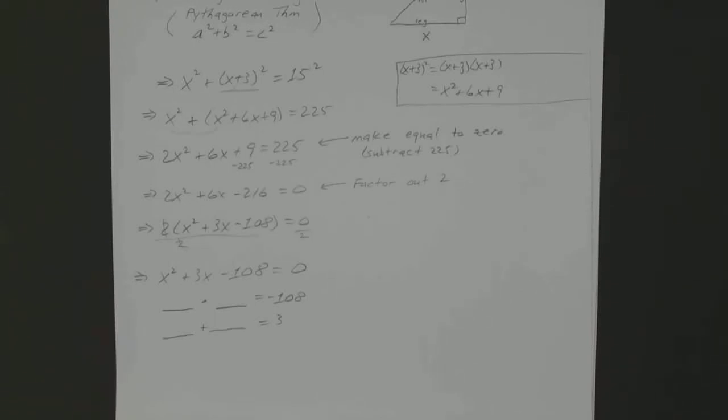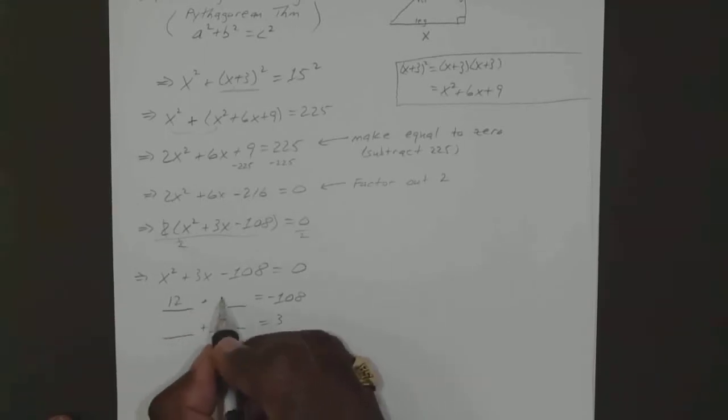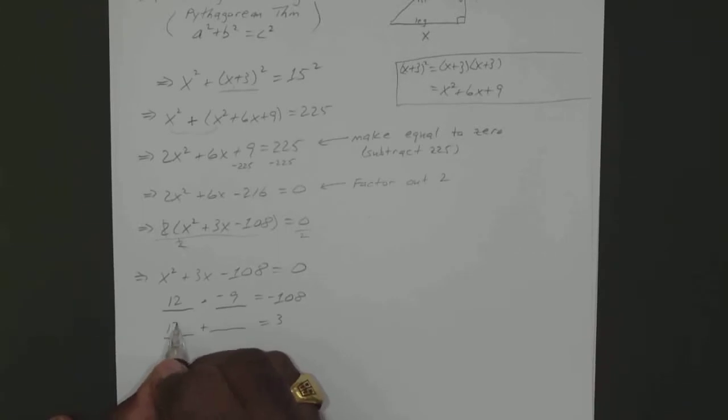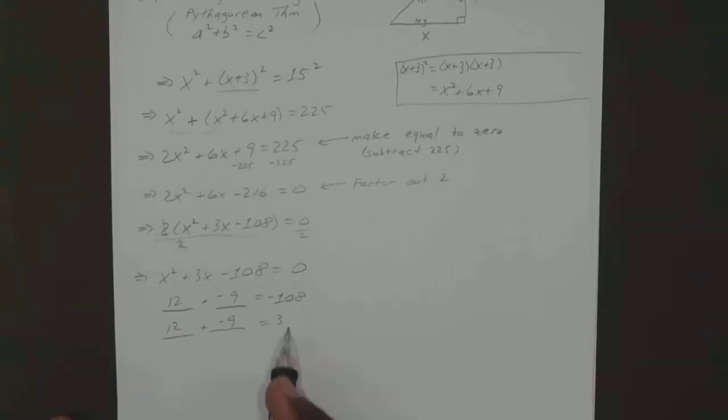So we just have to manipulate that a little bit to make sure we have the right combination of positive and negative. Since we're looking for negative 108 and positive 3, figure the 12 would be bigger. So 12 times negative 9 is negative 108. And 12 plus negative 9 is positive 3.